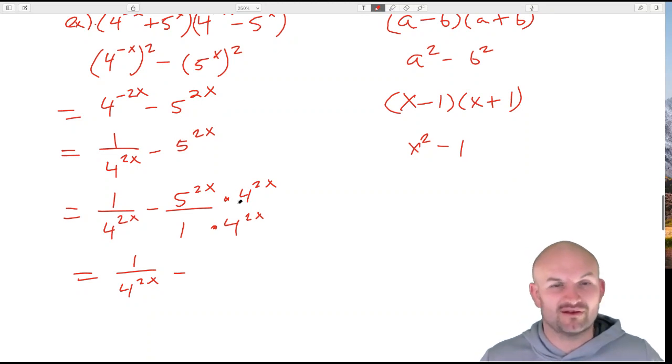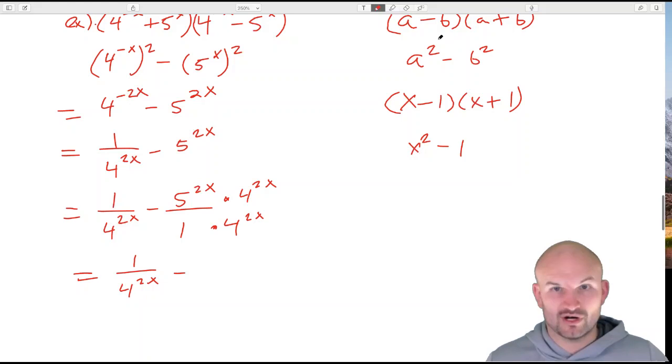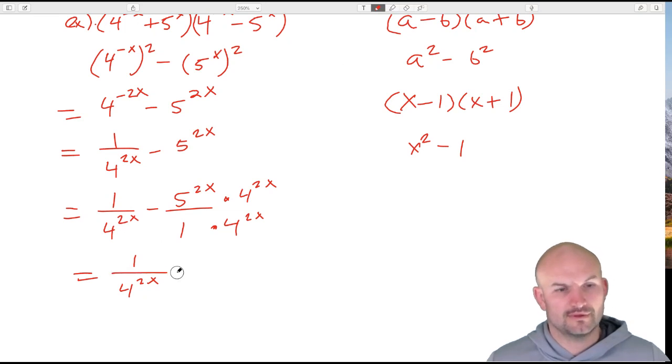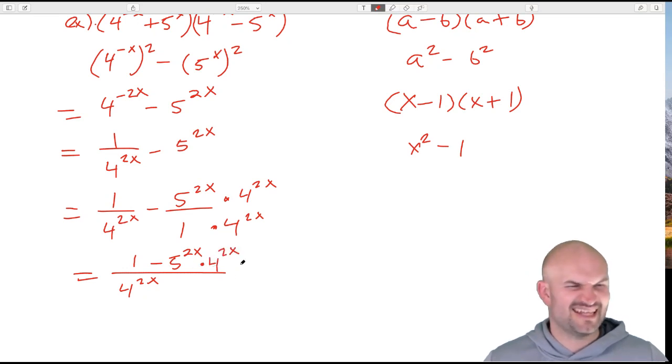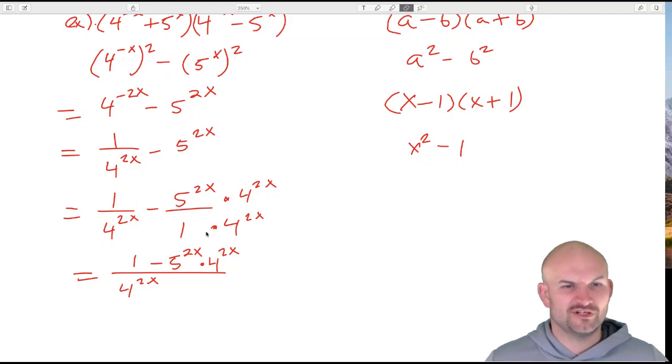You can't multiply them because they don't have the same base. So, I guess you could write them overall. I don't think that's really a simplified version, but we'll write it anyways. So that'd be 1 minus 5 to the 2x times 4 to the 2x. So yeah, that doesn't really look too much simplified. So you could do that, but I don't think anybody is really going to want to do that.